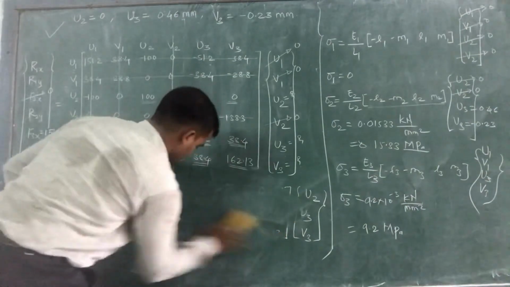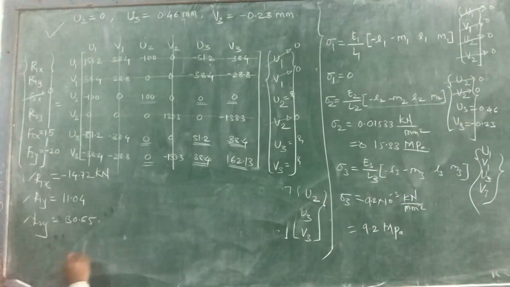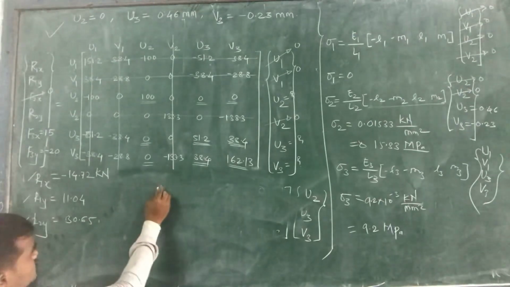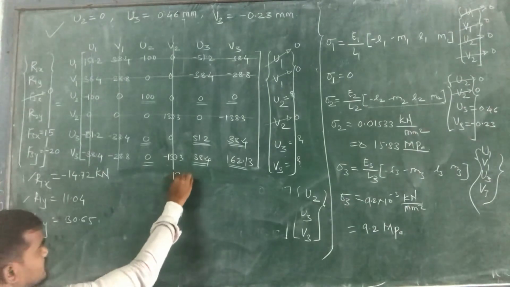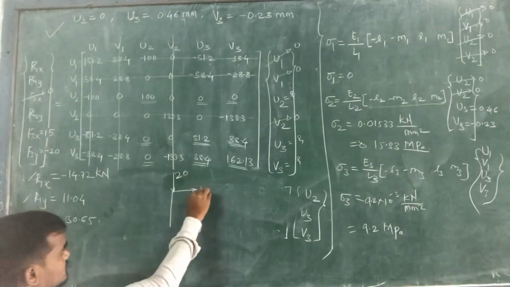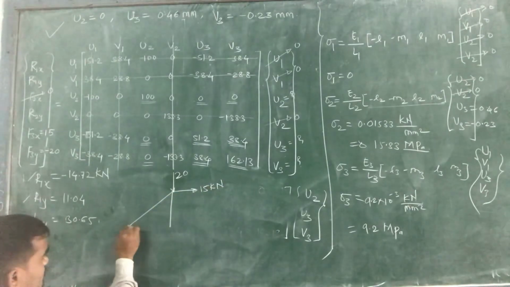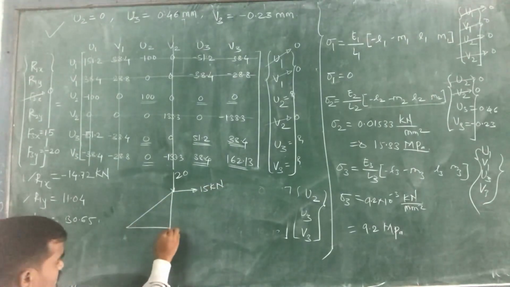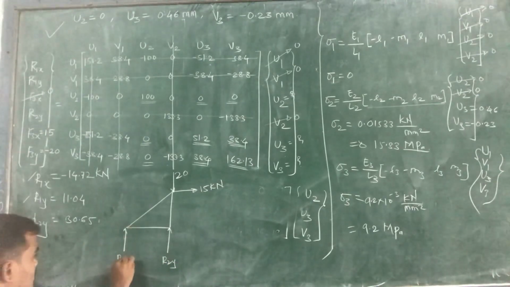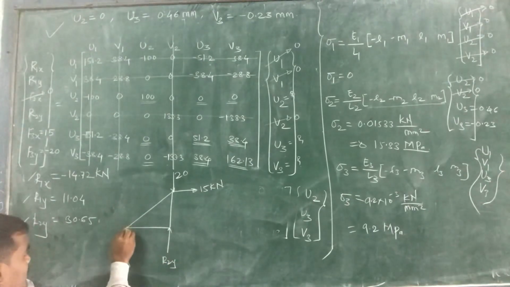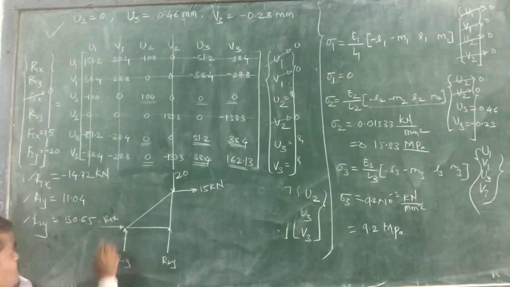So by solving these three equations, you will get these three values, R1x, R1y, and R2y. So you just need to cross check. As we know, this is 20 kilonewton, this is 50 kilonewton. And this is your R2y, this is your R1y, and this is your R1x.